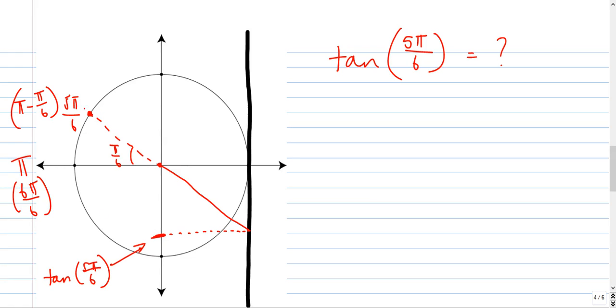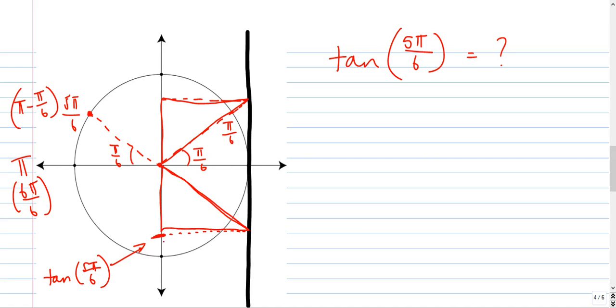Now the reference angle in this case will be pi on 6 itself. If I was to work out tan of pi on 6, I'd go up through the circle to here, and then across. And again, if we look at this here, and this here are exactly the same triangle.